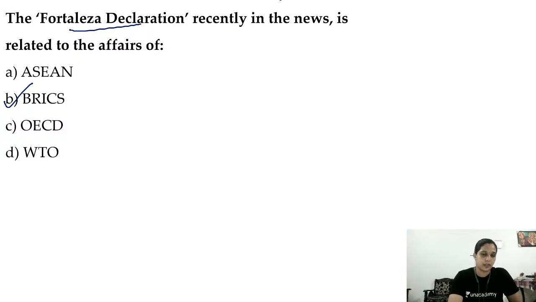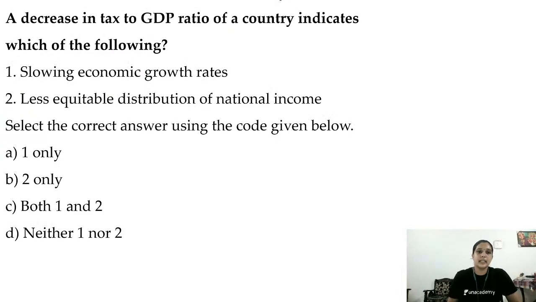So very important concept. Decrease in tax to GDP ratio of a country indicates what? Slowing economic growth rates, less equitable distribution of national income. So they're asking about this tax to GDP ratio.